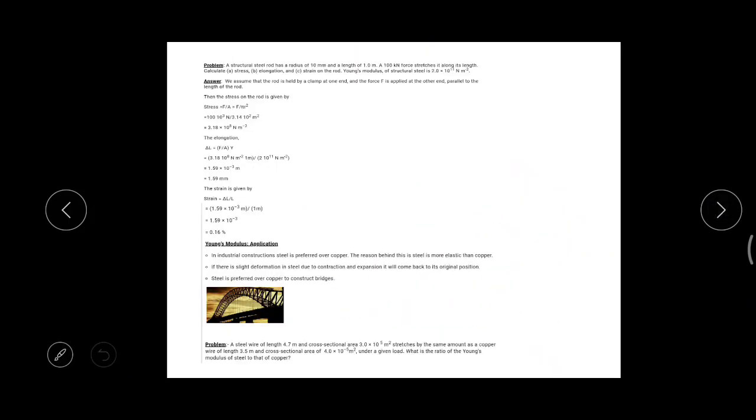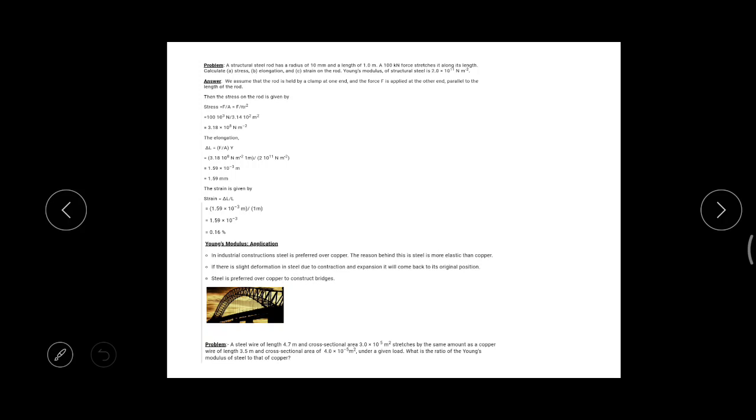One problem is given, let's go through that one. A structural steel rod has a radius of 10 millimeter and a length of 1 meter. A 100 kilonewton force stretches it along its length. Calculate the longitudinal stress.